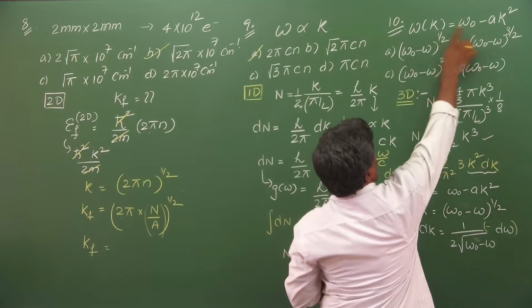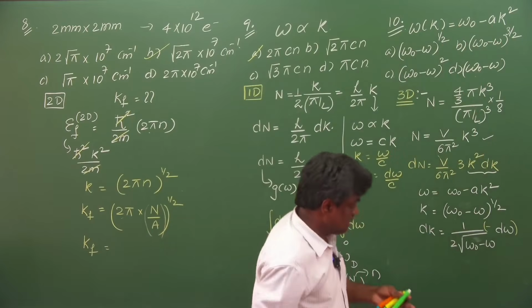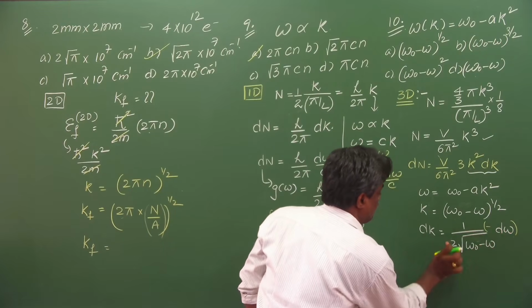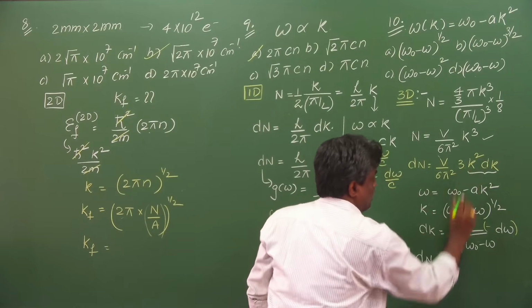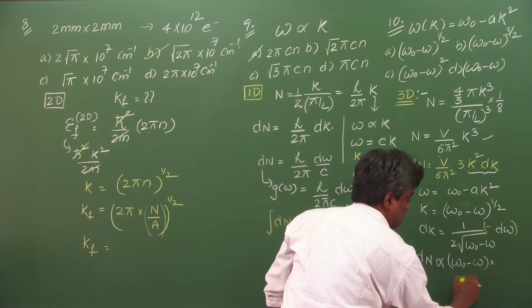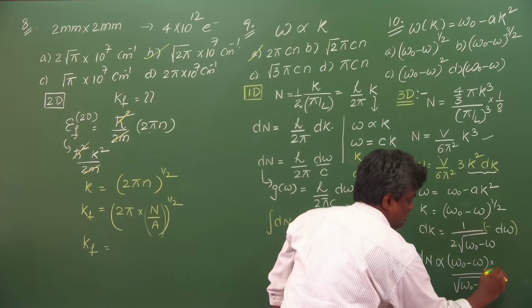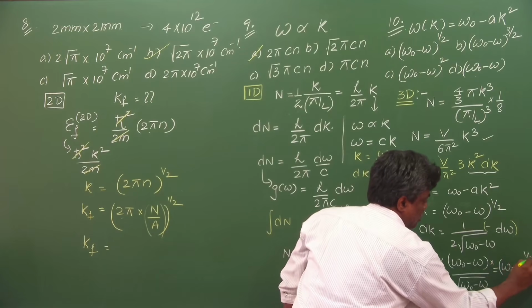Dimensions not sorted. So omega naught minus ak square, so omega naught minus omega. Now that implies dn is proportional to k square, omega naught minus omega, into 1 by under root omega naught minus omega. This implies omega naught minus omega whole power.